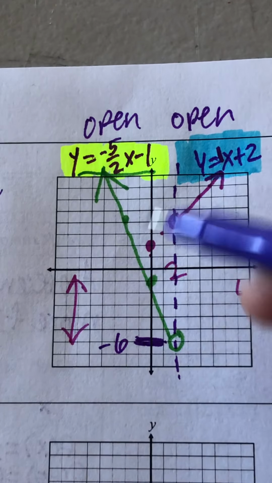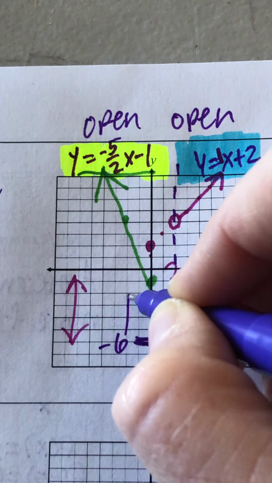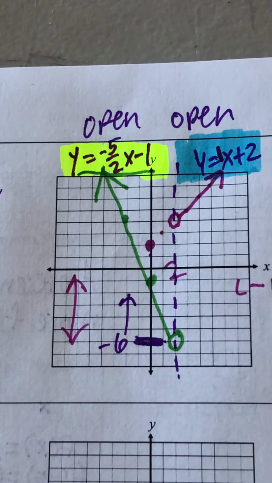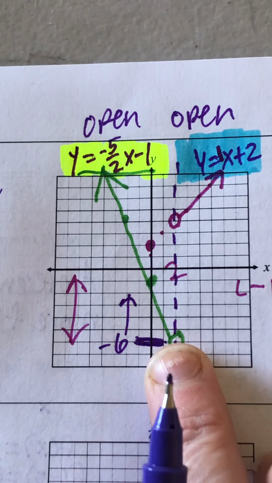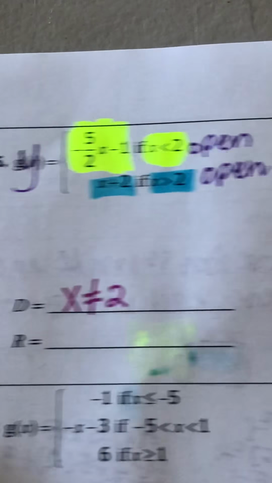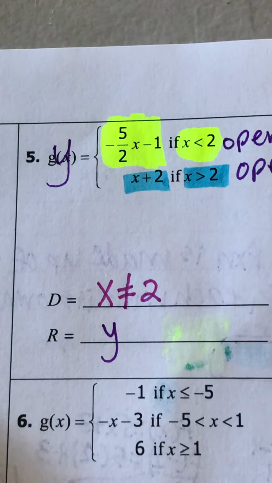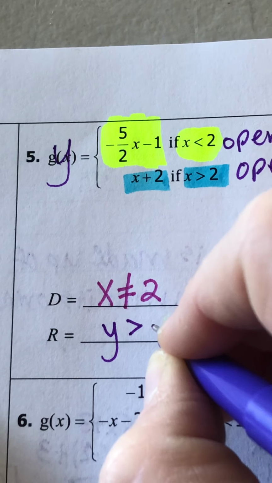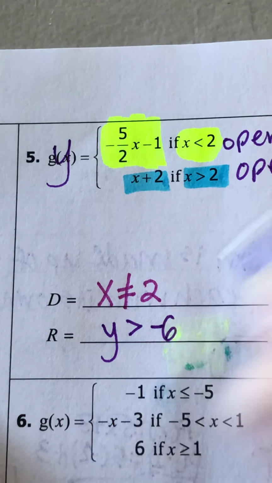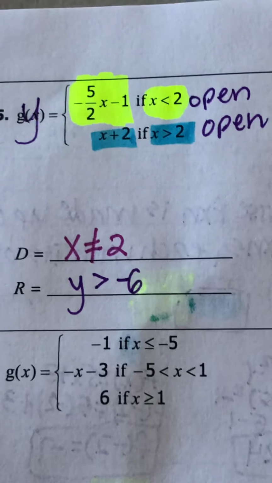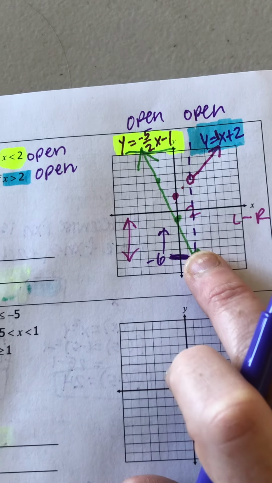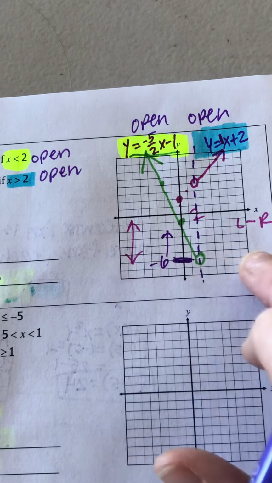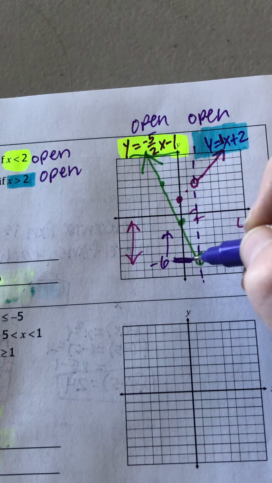Okay, and then it's going up from there. Okay, and then it's also an open circle. So that's going to be y is greater than -6. Okay, so you kind of think of the most restrictive line. Like this is the most restrictive line on the range, because it's at the bottom. And the rest of my graph goes up from there. Okay, that is 5.